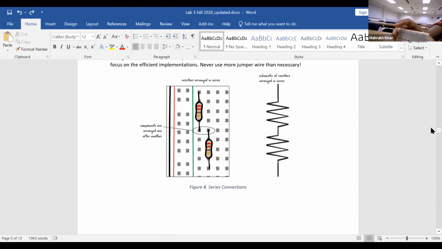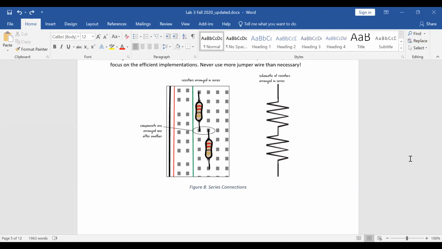And in series resistors, you know that one of the legs should be connected to each other. As these vertical lines are connected, you can put one leg in one hole and the other leg in another hole, and they will be connected, and the other two legs will be in other holes. I'm talking about figure 8. Am I clear about that?